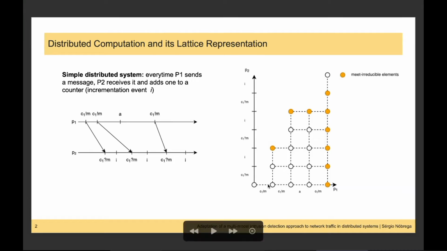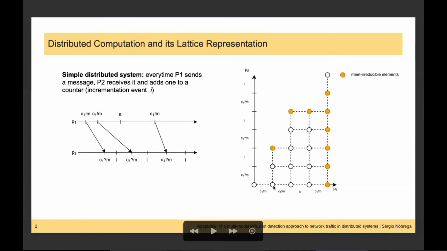In the first state, the only event that can occur is the sending of the message, because process 2 is dependent on having received the message to launch any of its other processes, so process I in this case.